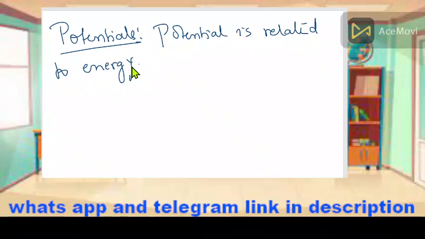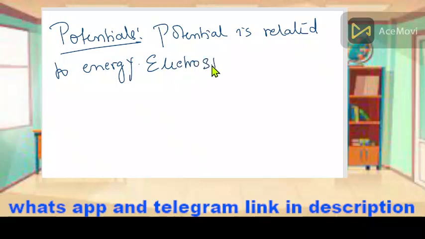However, the way in which we are going to learn potential in this section, it will appear that this energy and potential relation is not proper, but I will tell you why it is so. But we have to accept this word and go on working with it. So this is potential which is related to energy.